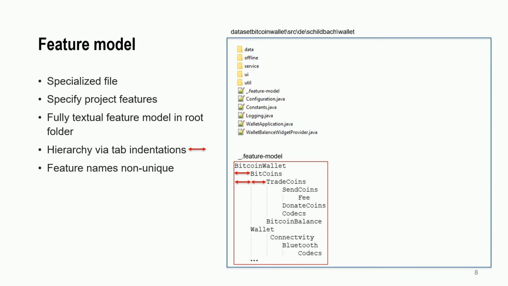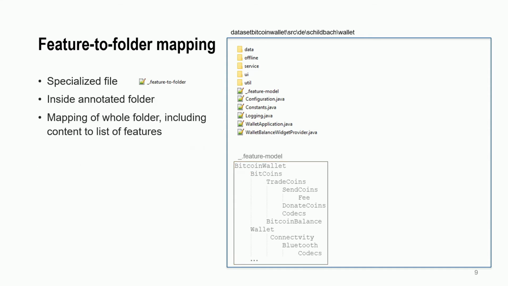It has a one-tab indentation per level down in the feature model. Feature names in the feature model can be non-unique, which means at different parts of the model the same feature name can appear. To apply features to your project, on the highest level, we can map features to folders.